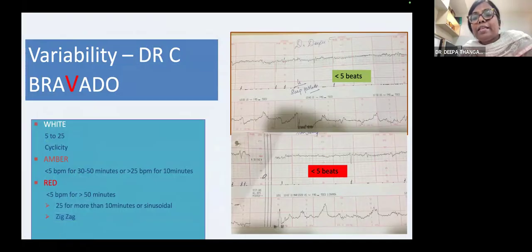You have to be familiar. See here is 60 beats, 70 beats, 80 beats, 90 beats. Here even this variability is very small because each square is 10 beats. In this 10 beats it couldn't even fully go up and down. This amount itself is 10 beats.